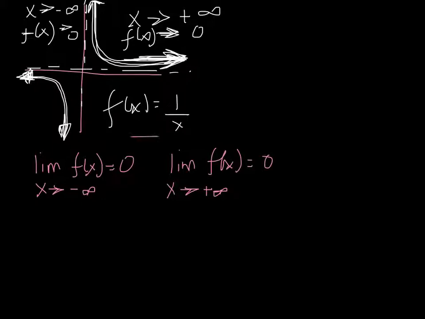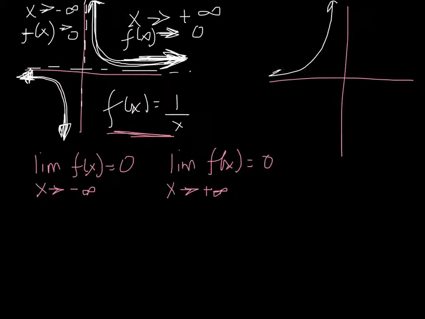That's for this rational function. Let's do it if it's negative. If I go this way, this is negative. And there again, this is an odd function, but anyway, it reflects over the origin. But this is if my graph looks like this.